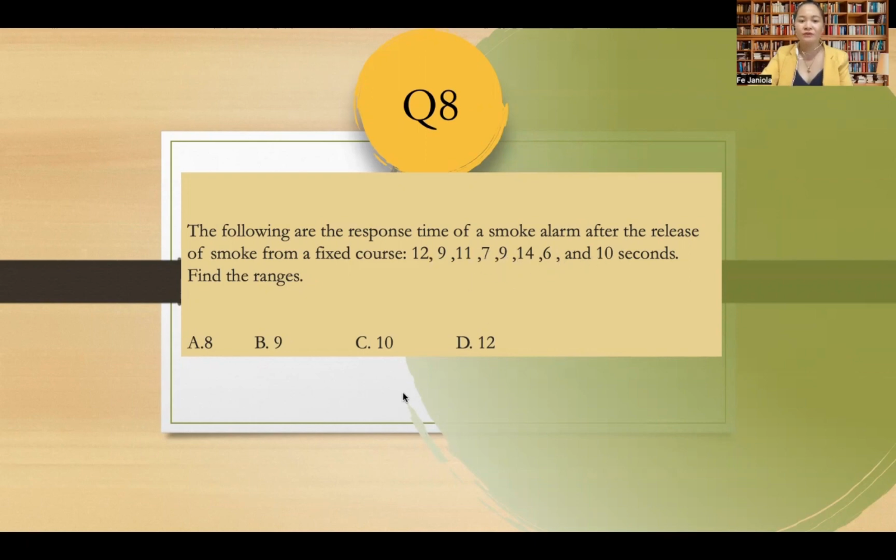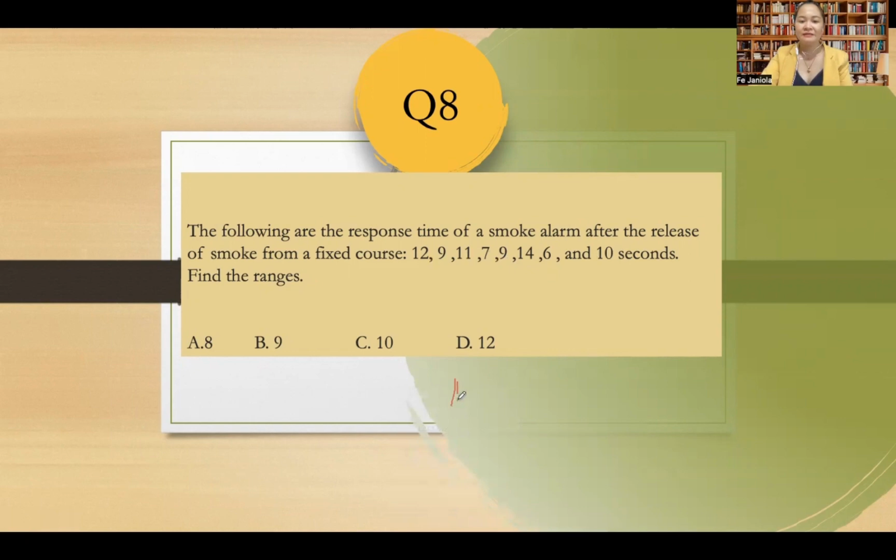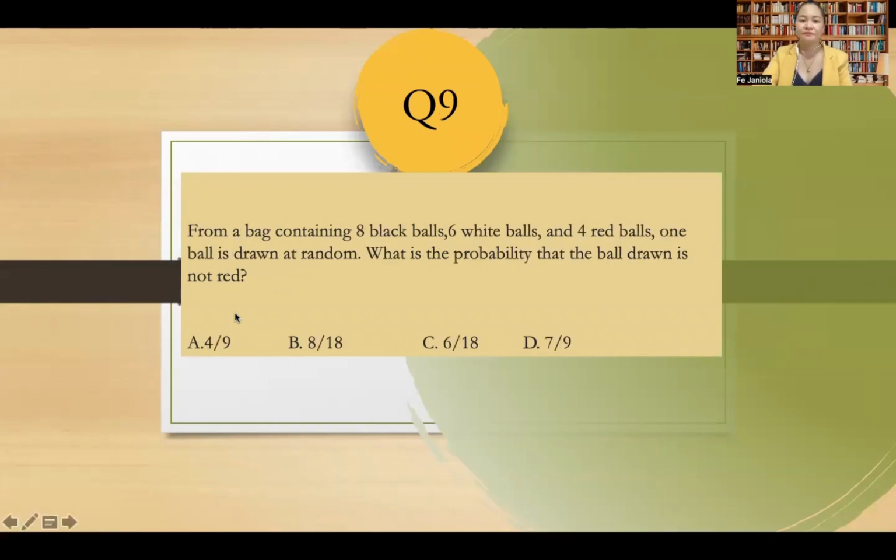We all know that to find the range, it is the highest minus the lowest. So the highest here is 14 minus the lowest, 6. So 14 minus 6, the answer is 8. So letter A.